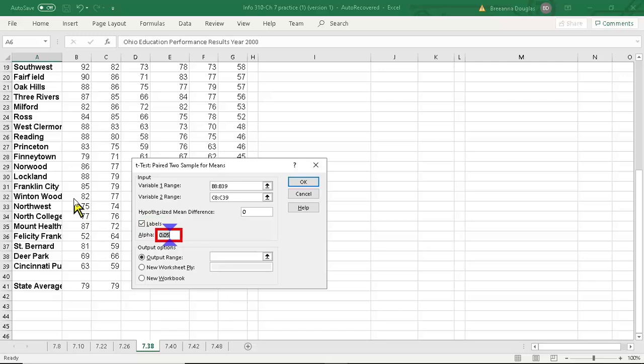We will keep our alpha significance level equal to 0.05. And then we will enter our output range, which we will have outputted in cells I12 through K26. So after that, you just press OK.